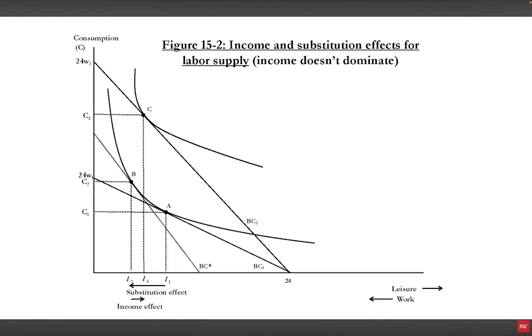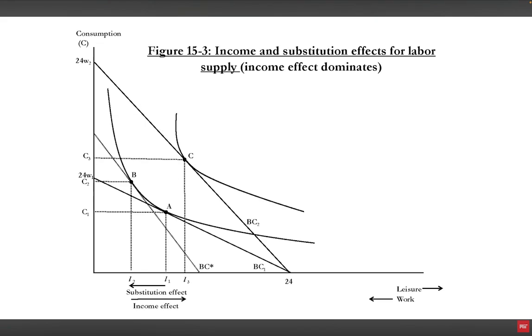Therefore, leisure overall goes down. The higher wage causes you to take less leisure and therefore to work harder. But in figure 15.3, we have the opposite. We have an income effect that dominates the substitution effect. Therefore, a higher wage causes you to take more leisure, not less.